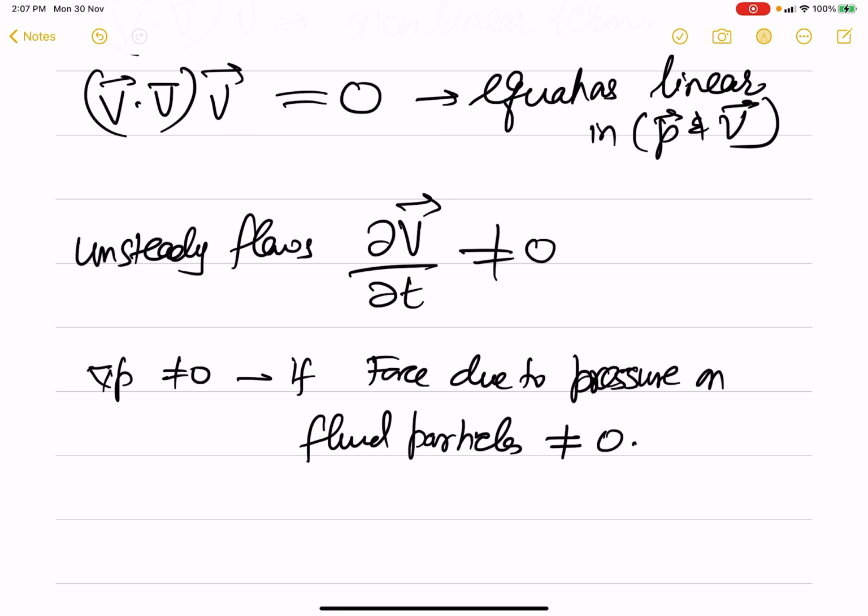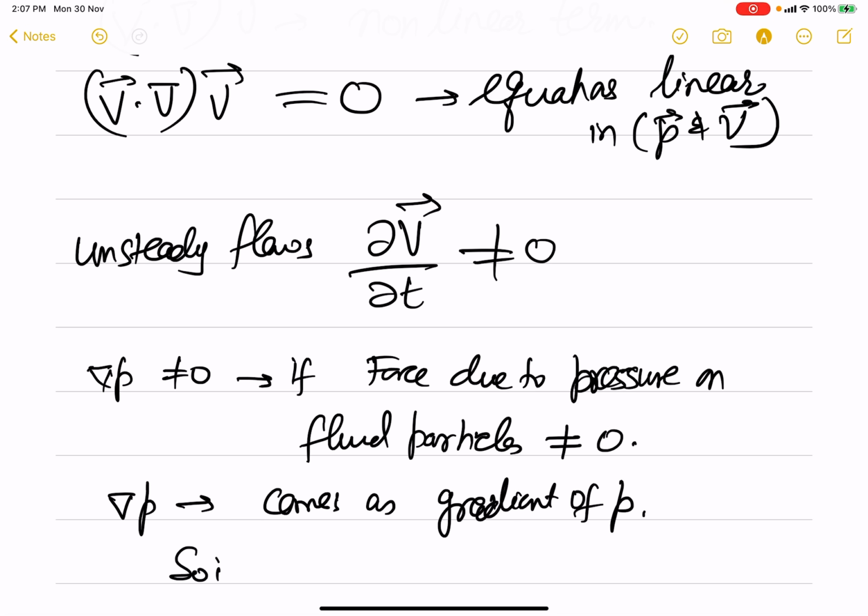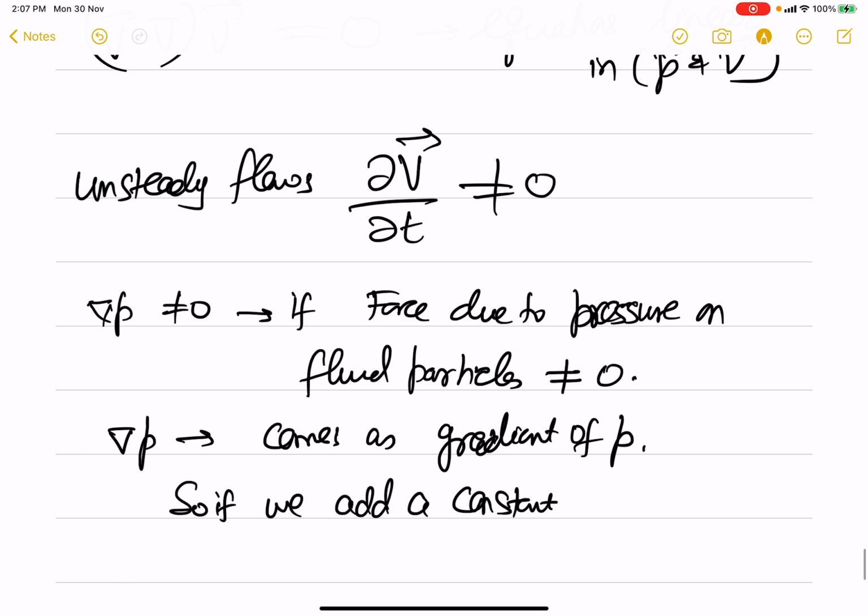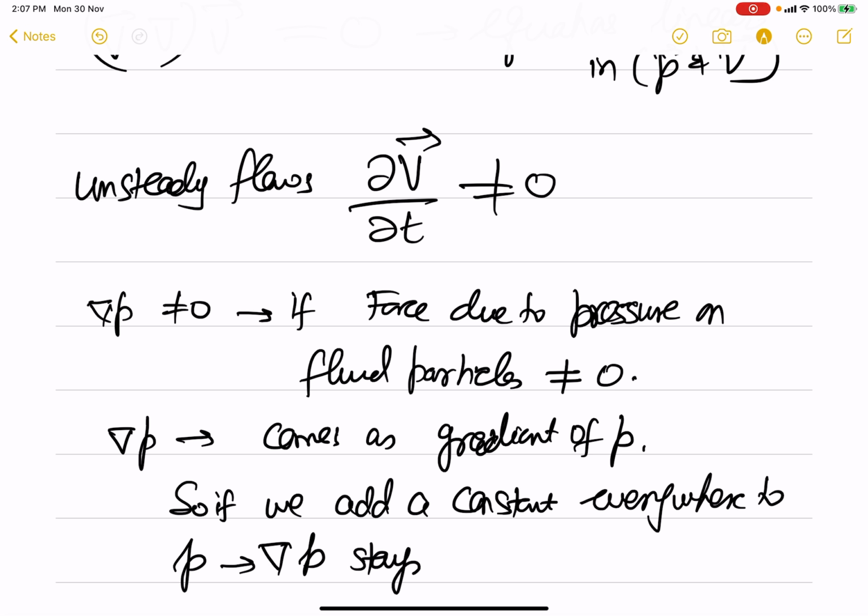Also, one more thing we can realize is that this grad P term comes as the gradient of P. So if we add a constant everywhere to P, grad P stays unchanged.